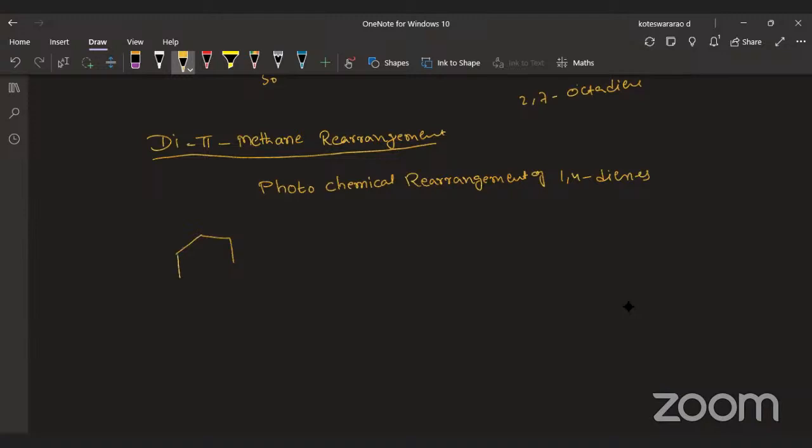Then you can practice several examples from your book. Okay, this is the isolated diene, 1,4-pentadiene. This 1,4-pentadiene is irradiated with light. Direct irradiation, no need of sensitization.